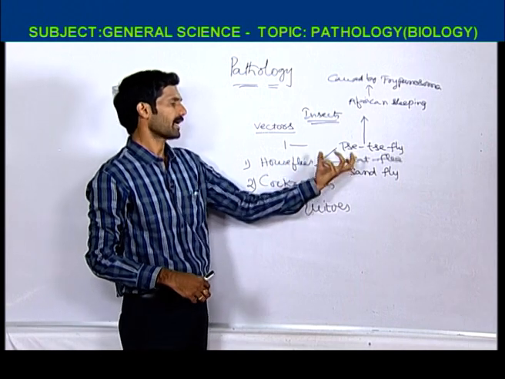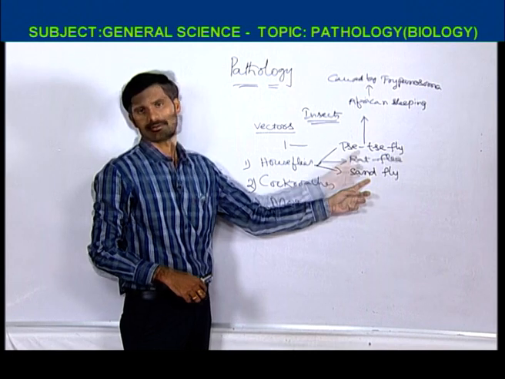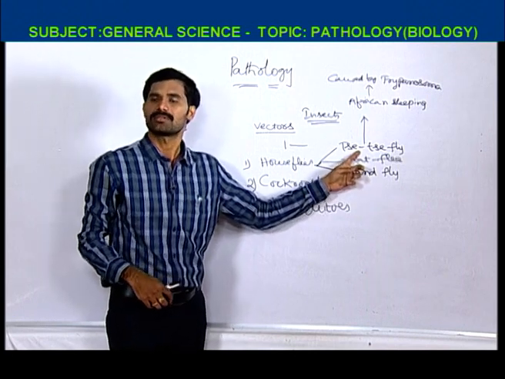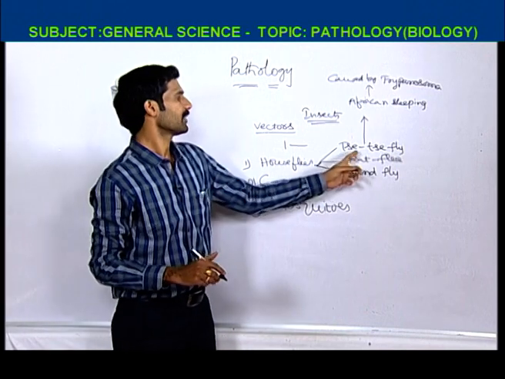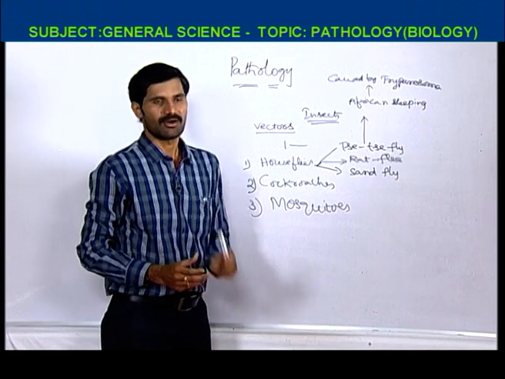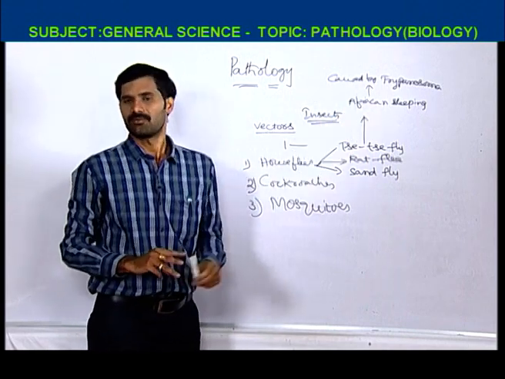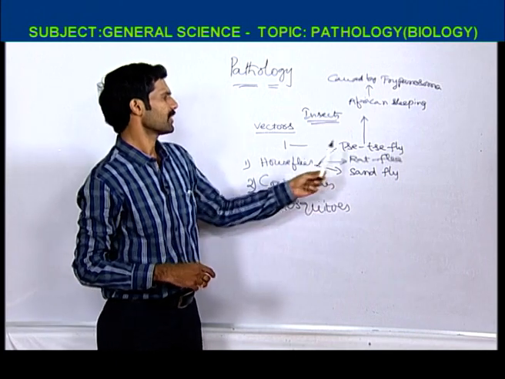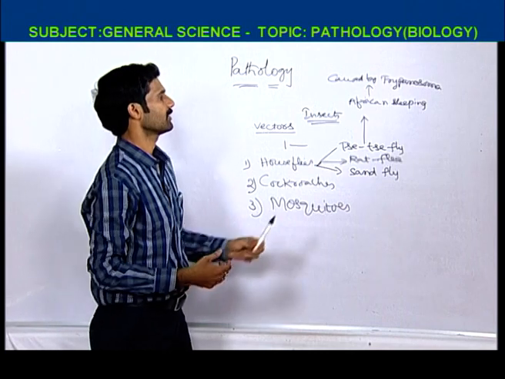The scientific name of the tsetse fly is Glossina palpalis. It causes African sleeping sickness, which is caused by Trypanosoma gambiense. Why it is called sleeping sickness, we will discuss later on.